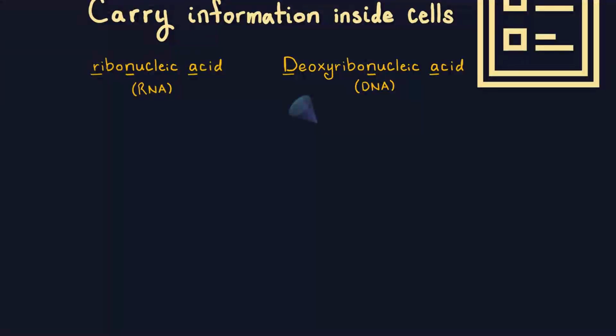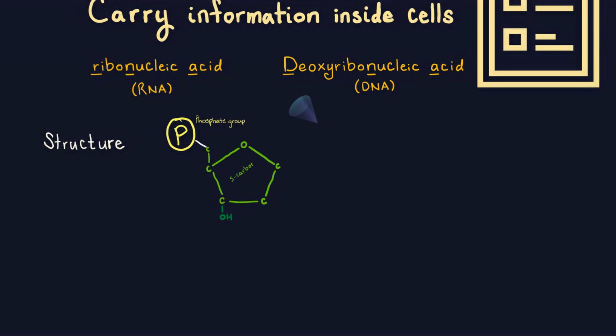So now let's dive into the structure of nucleic acids. Nucleic acid monomers, as we all know, are called nucleotides. But all nucleotides are made up of three components, which are a phosphate group, a 5-carbon sugar, and a nitrogenous base sticking out the end.